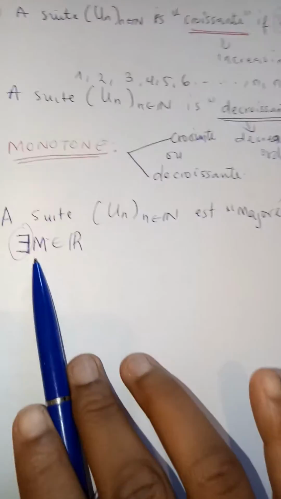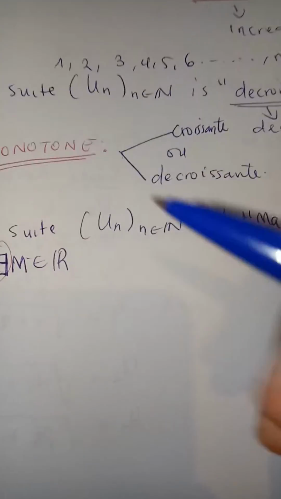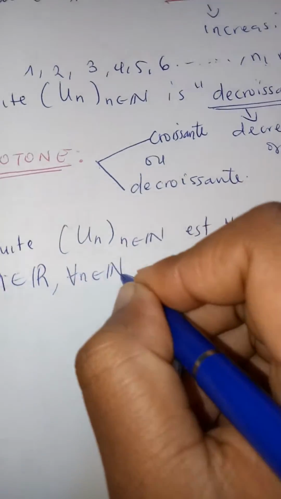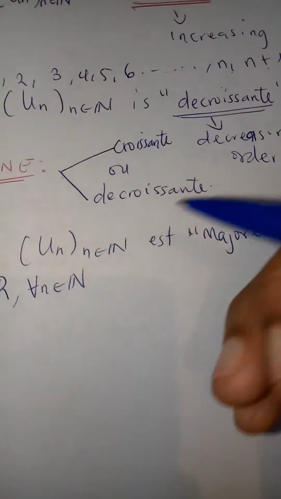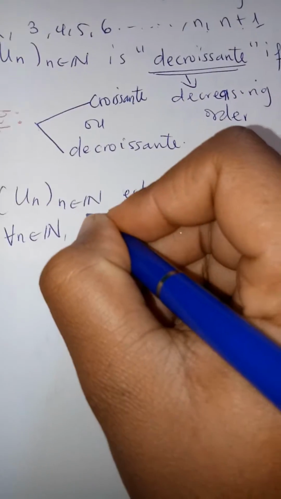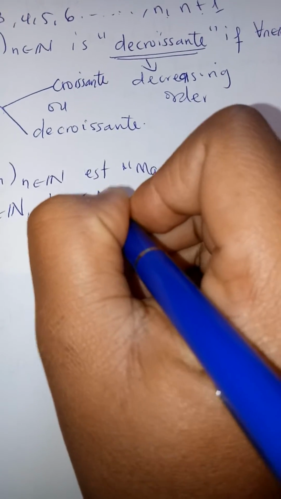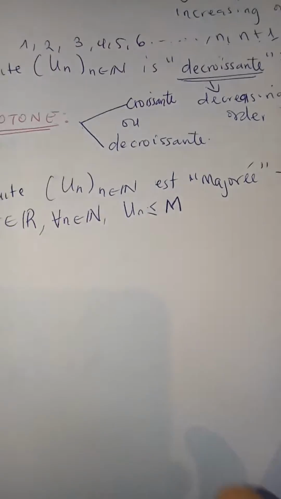So it means il existe un M appartient à l'ensemble de nombres réels, pour tout n appartient à l'ensemble de N, Un est inférieur ou égal à grand M. This is the general formula.